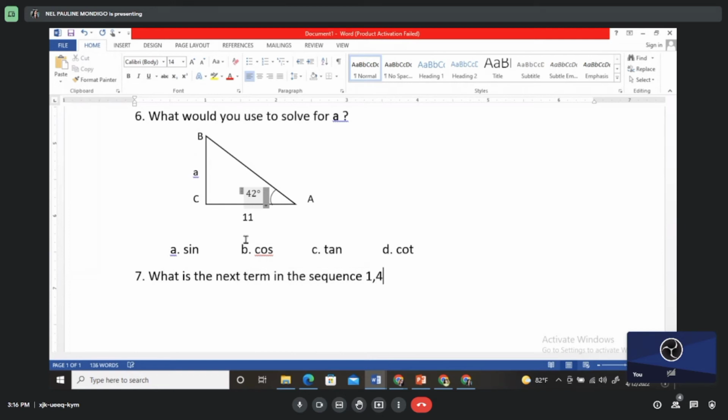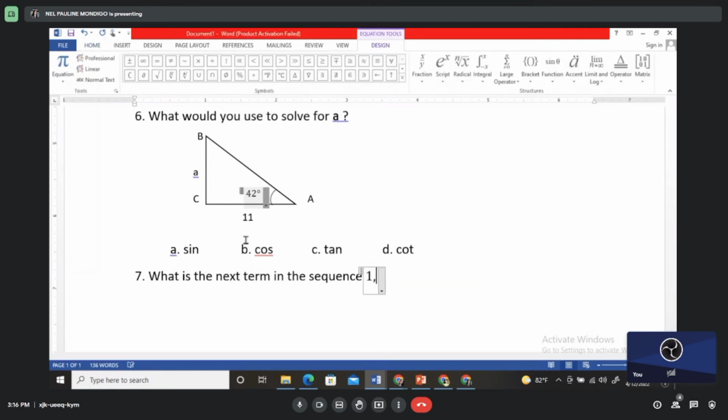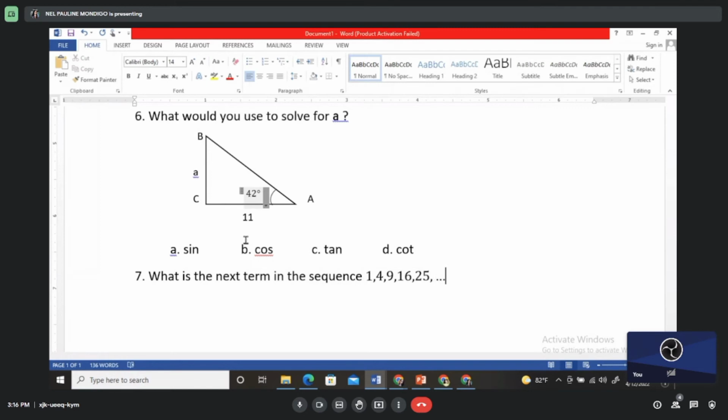So let's insert 1, 4, 9, 16, 25. And the three dots here mean that it has a continuation. A is 34, B is 36, C is 39, and D is 41.